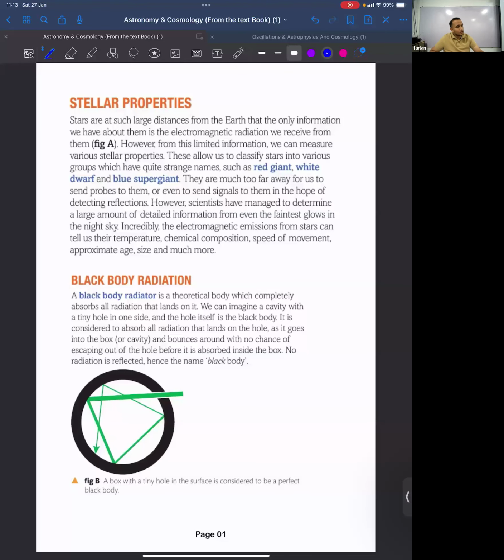When a star is formed, nuclear fusion takes place. Sorry, not fission, nuclear fusion. Hydrogen fuses together and forms helium. Also, gravitational attraction takes place within the sun.